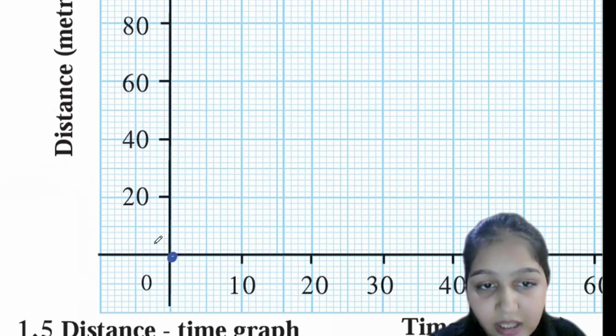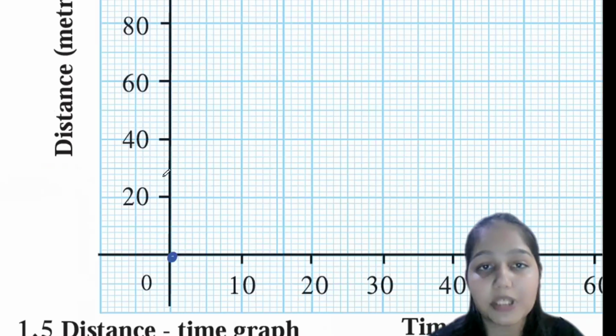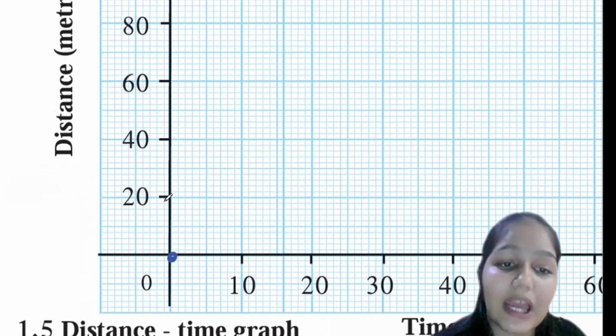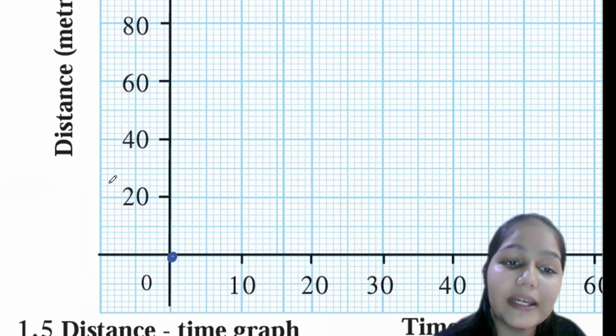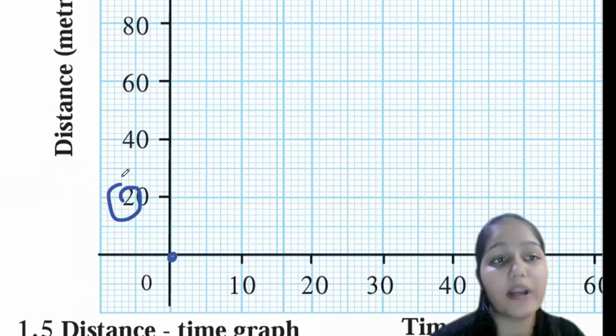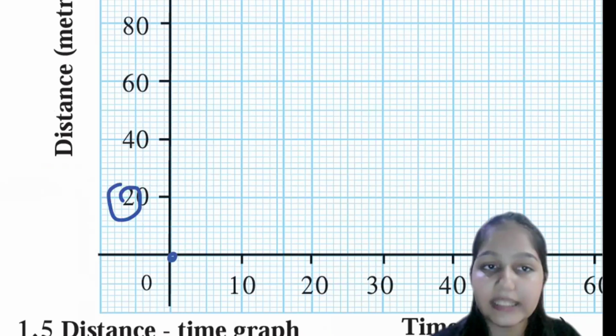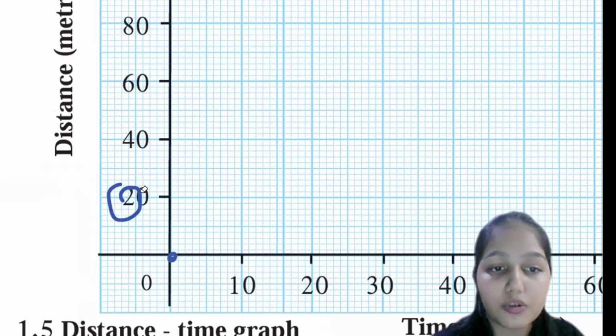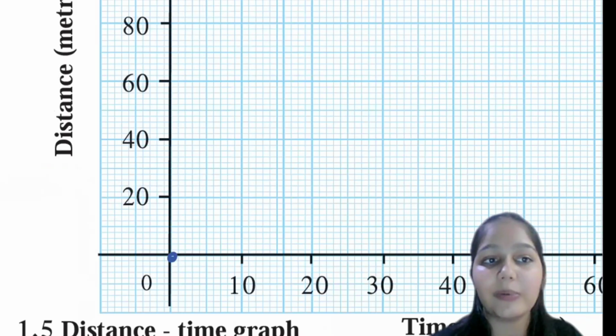If you want to understand how much is the unit of one line, you just have to divide 20, whatever the first number would be, by the 10 lines, because there are 10 lines. So 20 divided by 10, that is 2. So each line here represents 2.